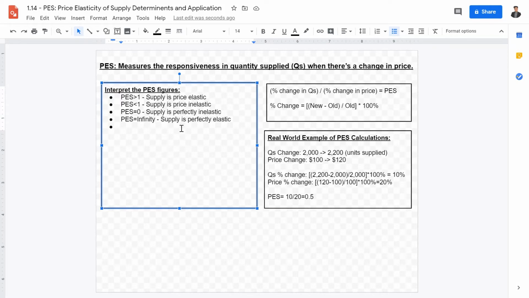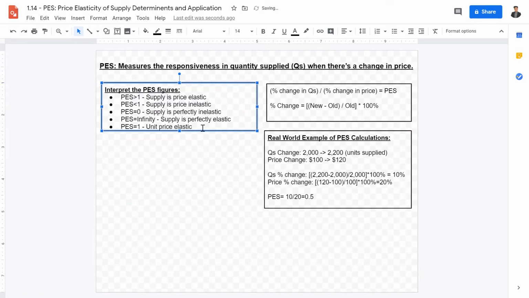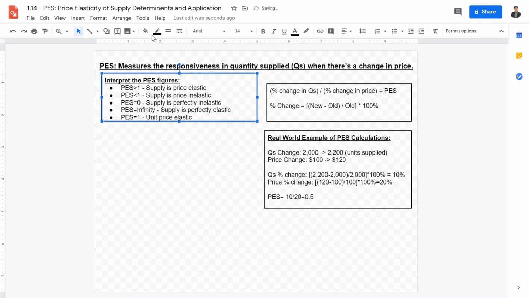Another possible example is when PES equals 1. What happens when PES equals 1? That means unit price elastic. That means for every marginal increase in price, the marginal increase in quantity supplied is equal to it.